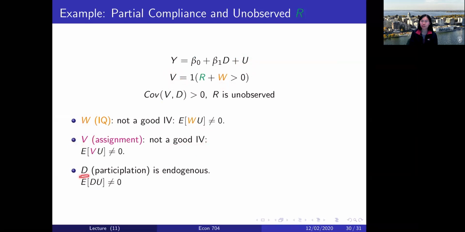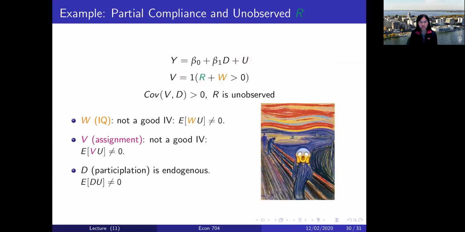D clearly is also not exogenous. Participation is a personal choice, and personal choice may be related to other personal characteristics that affect Y. So none of the observables are exogenous IVs.